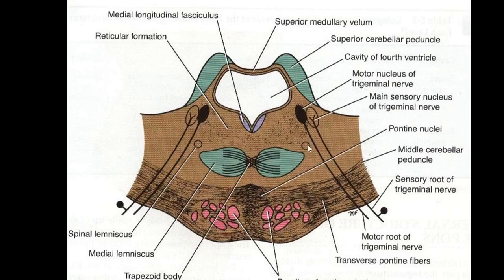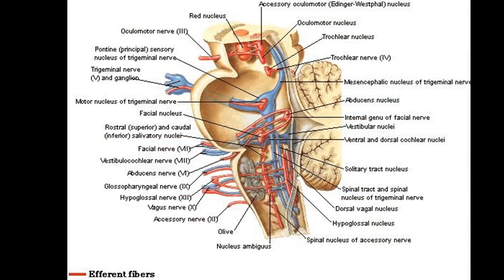Here in this diagram you can see this is the sensory nucleus, this is the motor nucleus of the trigeminal nerve. If you examine it from the inner surface side, the motor nucleus of the trigeminal nerve lies medially, the sensory nucleus is lying laterally.